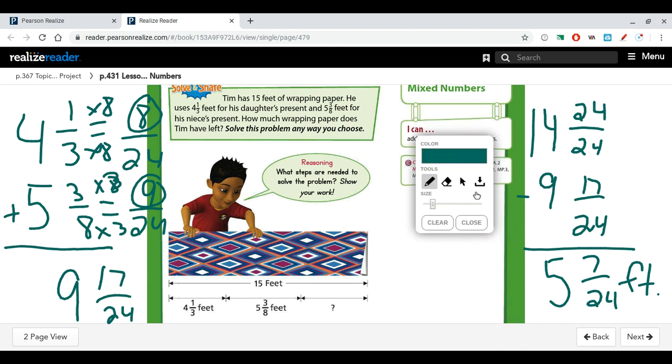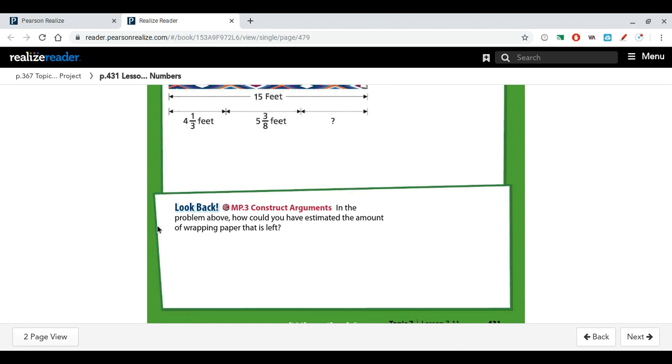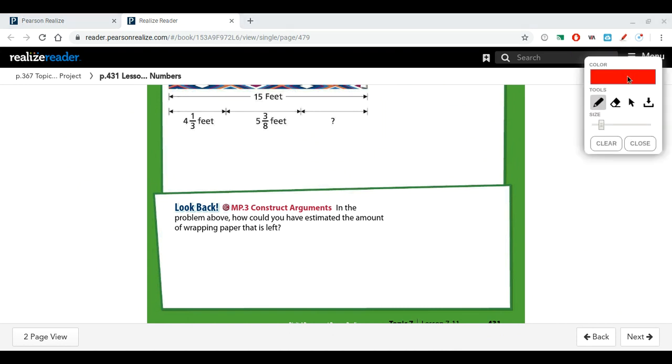Now let's take a look at the look back. It says, in the problem above, how could you have estimated the amount of wrapping paper that is left? When we estimate, we round these to the nearest value.